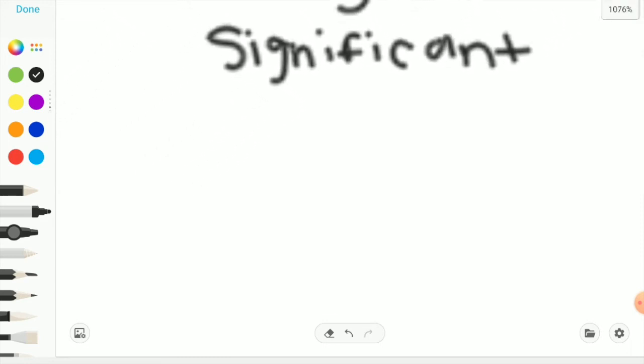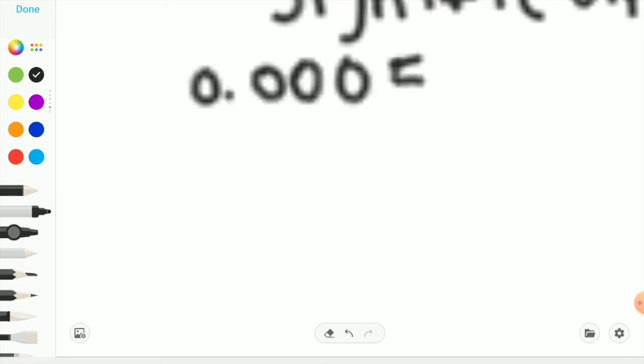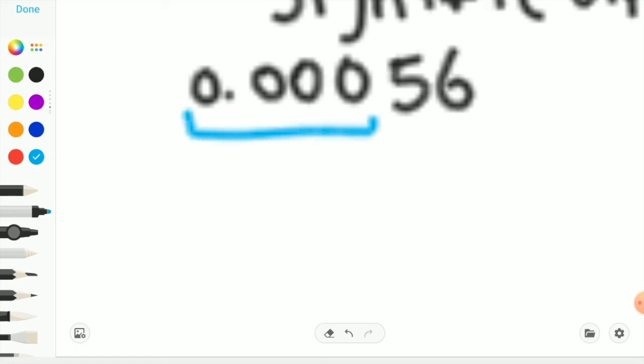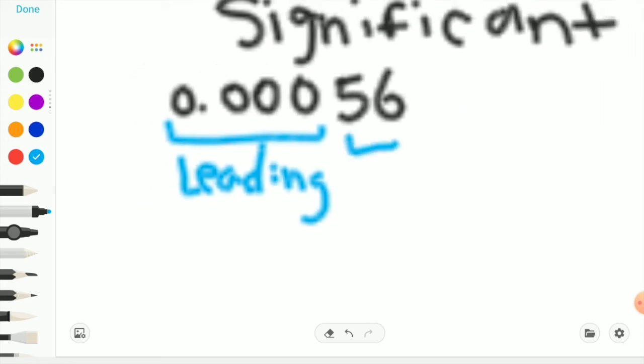So again, an example. This rule is only for numbers that are really, really small. So if you had 0.00056, these are called leading zeros, and then these two will be significant. So 2 sig figs.